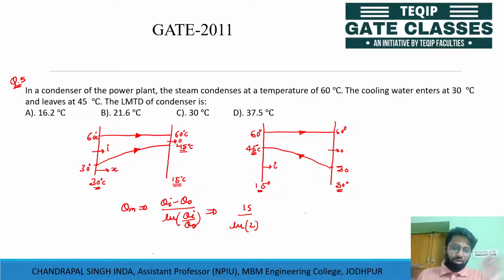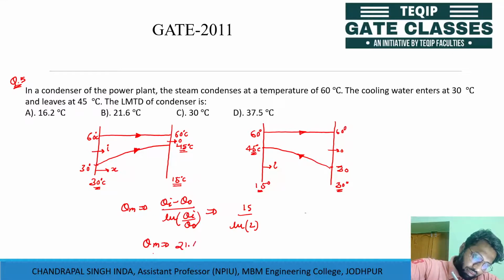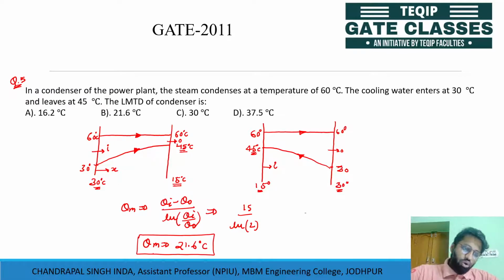So let's calculate. Then the value of theta mean is going to be equal to 21.6 degrees centigrade. So option B is correct for the condenser type of heat exchanger.